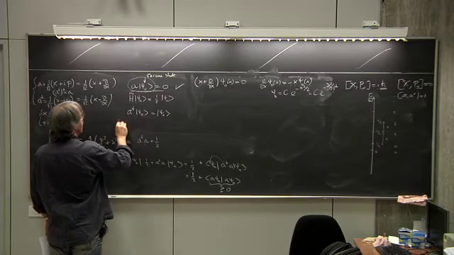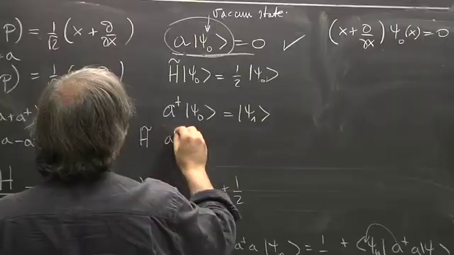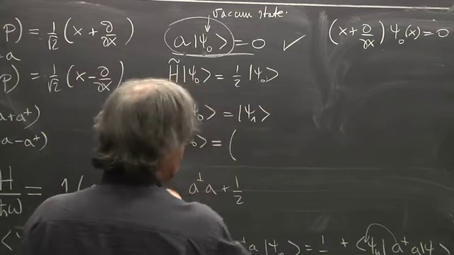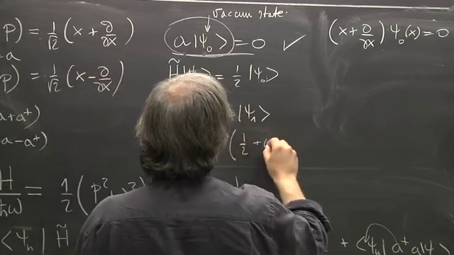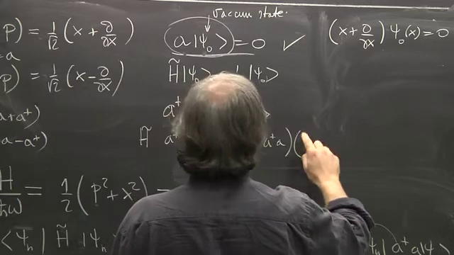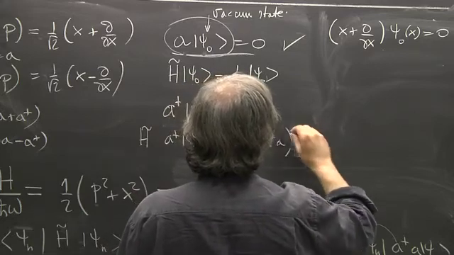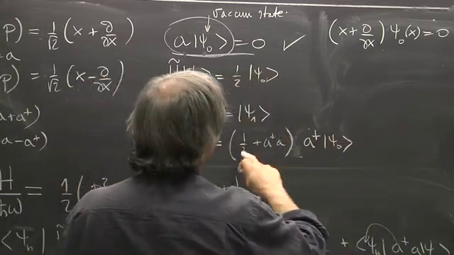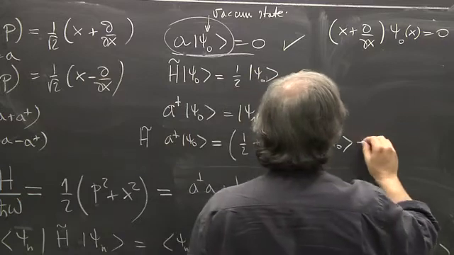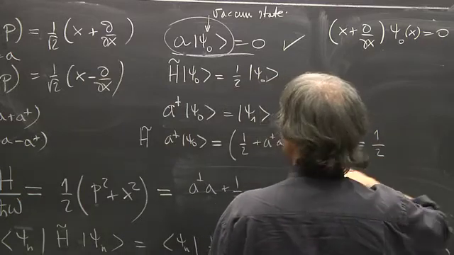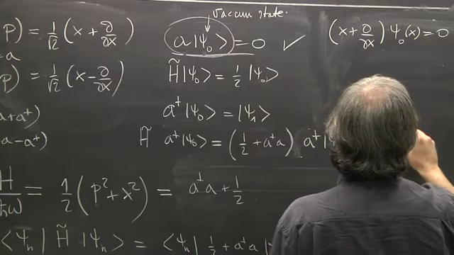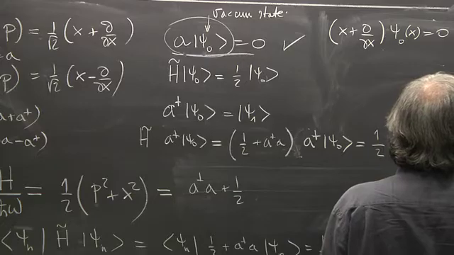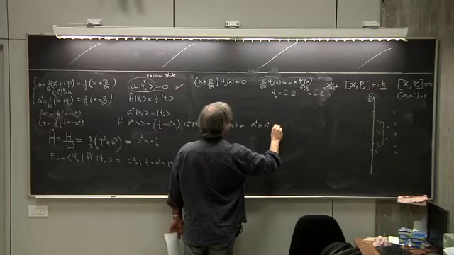Apply H tilde to A dagger psi 0. This is equal to, well, there is the usual 1/2 plus A dagger A applied to A dagger psi 0. Now, the 1/2, as usual, simple, times obviously the same state. Plus, now look at this, it's A dagger A A dagger psi 0.